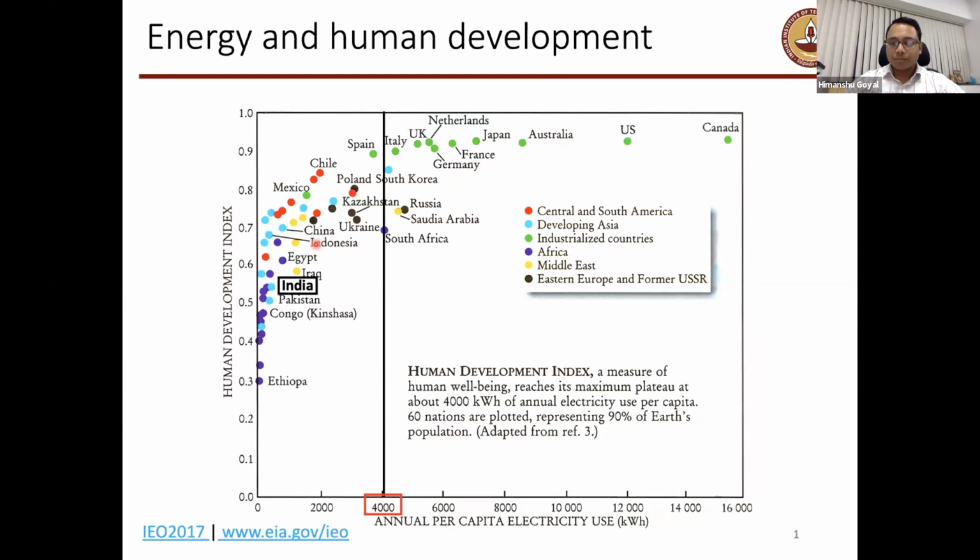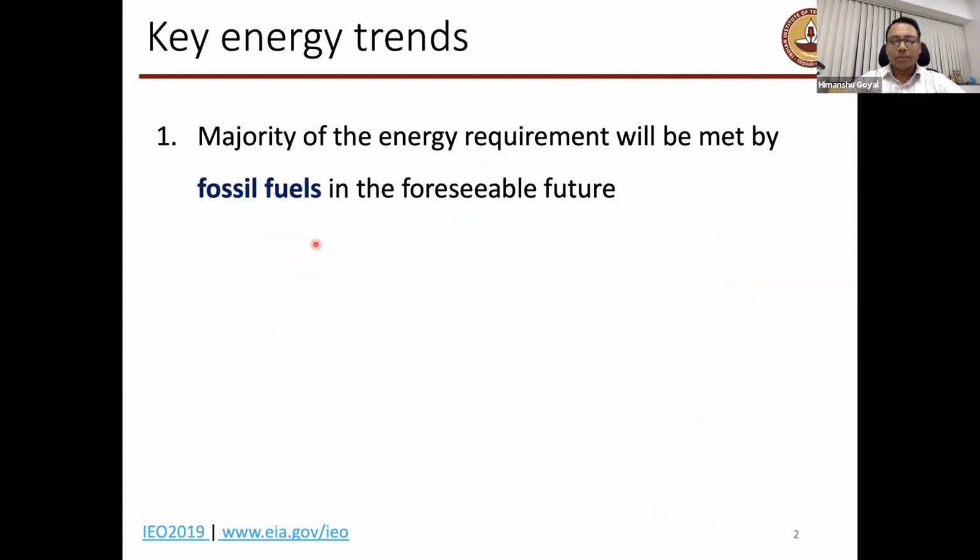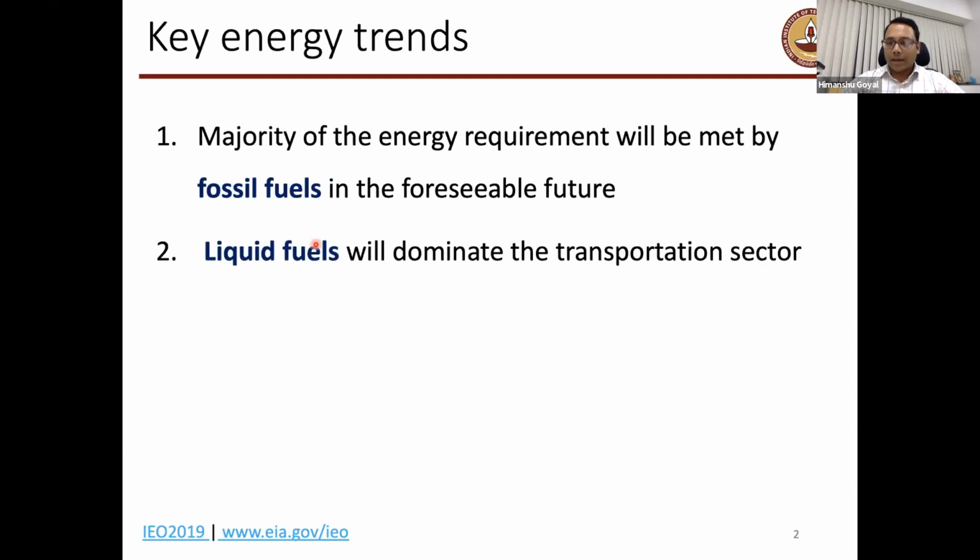So what to do? Here I'll show you some key energy trends from recent reports. First, even though we have this problem of climate change, a majority of the energy requirement is going to be met by fossil fuels in the next few decades at least. We have a lot of electrification of the transportation sector.